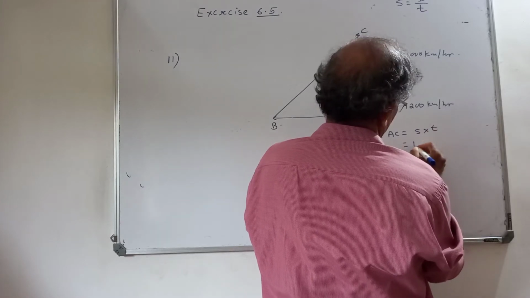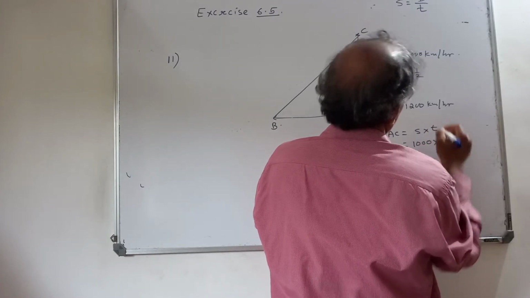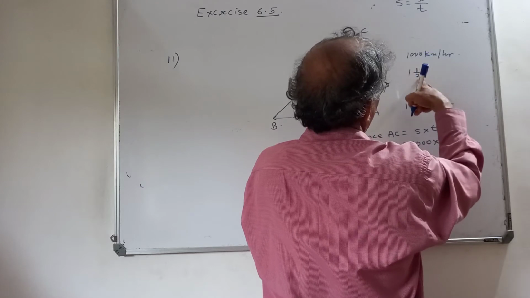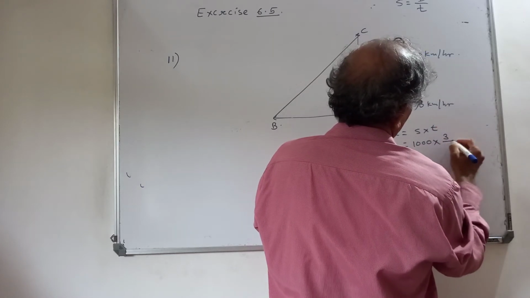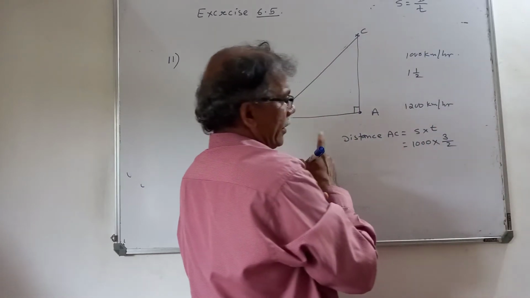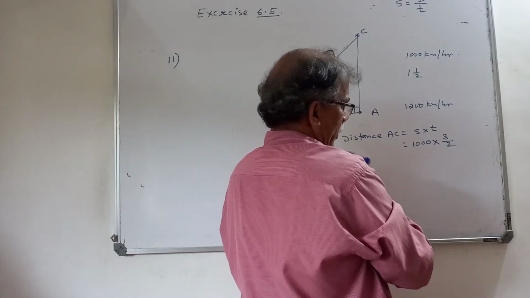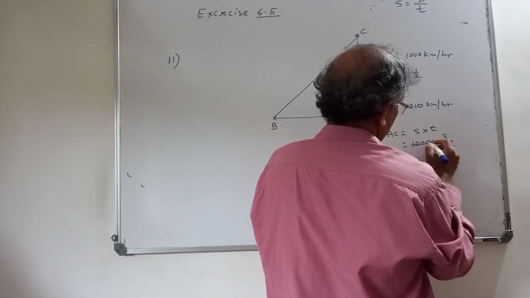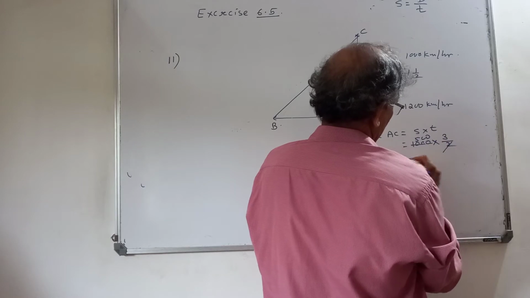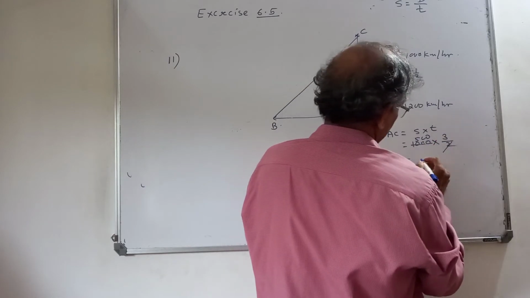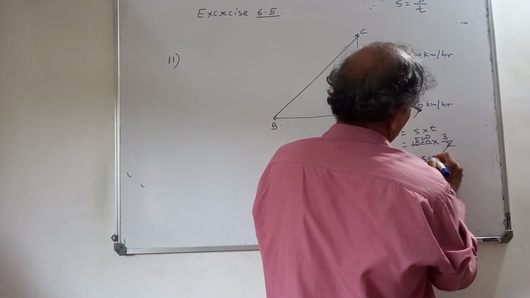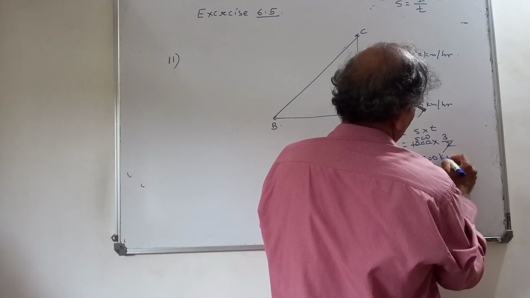That is, speed how much? 1000 into 1.5, which is 3/2 when converted into a proper fraction. So 2 into 500 is 500, 500 into 3, so it is 1500 kilometers.